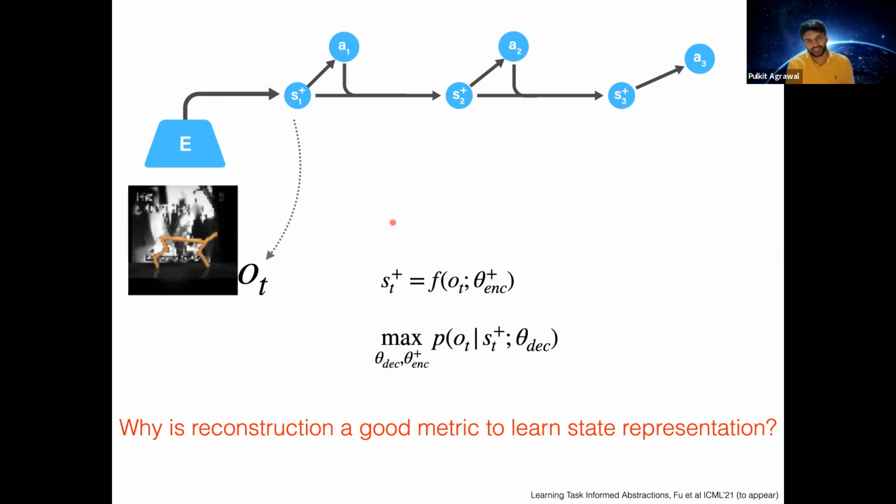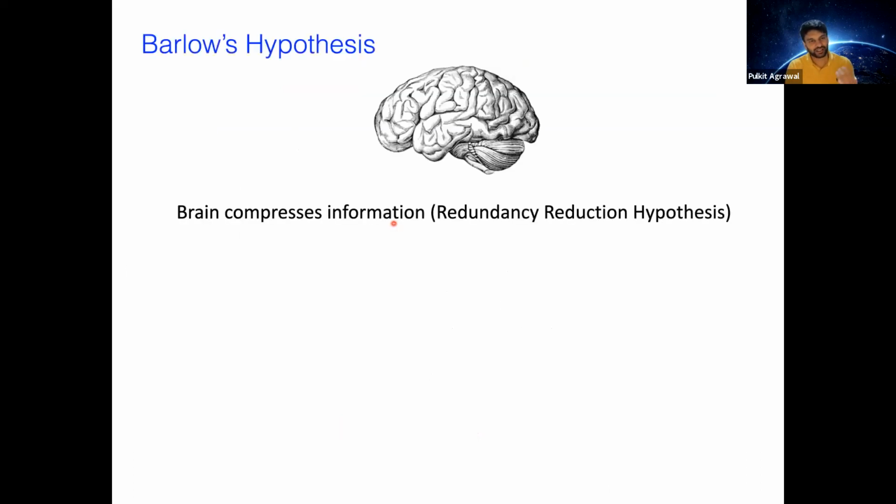So one intuition, or one of the original intuitions, actually came from Horace Barlow, who was a computational neuroscientist, but he did a bunch of other wonderful things also. And one of his findings was that the brain compresses information.